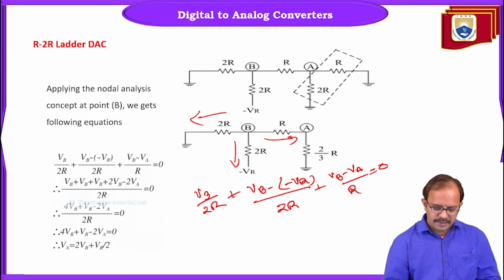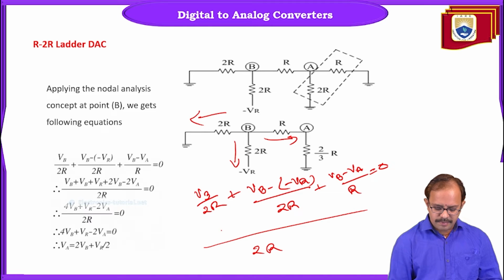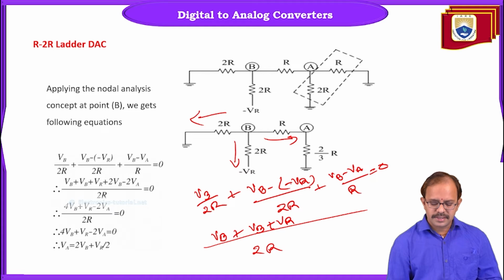So now if we simplify this, once again taking 2R as the LCM, what are the terms we will have? VB plus, so it is going to be VB plus VR. This minus minus becomes a plus. So we are going to have VB plus VR plus 2 VB minus 2 VA.